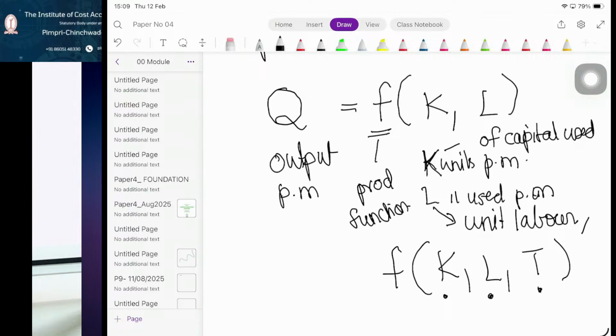Now in the actual real world, just imagine there are thousands of inputs that are used in the production process. We cannot write them all. So what we do analytically is lump all produced inputs in one as capital and all human inputs in terms of labor.